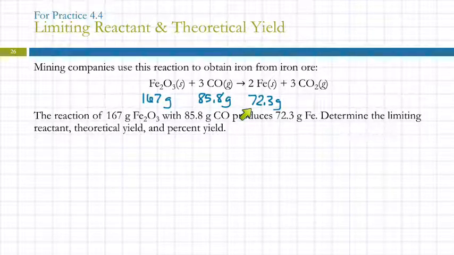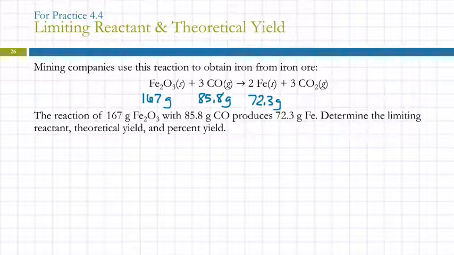Is this the theoretical yield? No. What is that? Why did they give us this? When they reacted this much iron oxide and this much carbon monoxide, it made this much iron. That's the actual yield. That's how much they actually got.